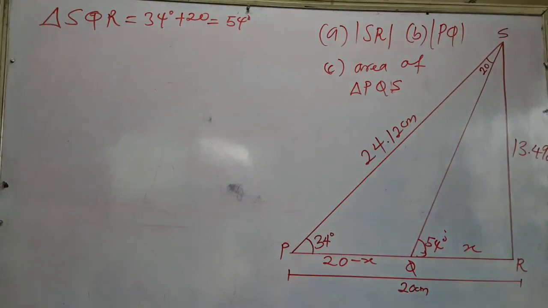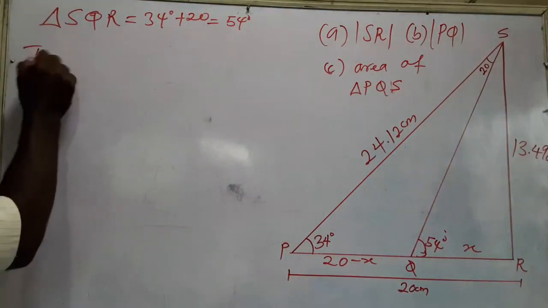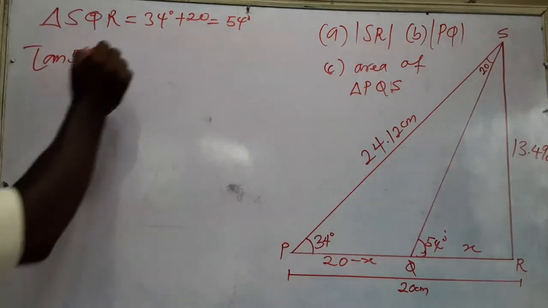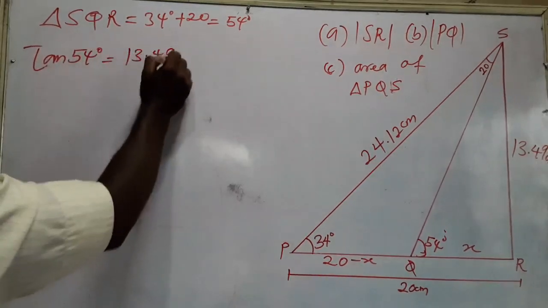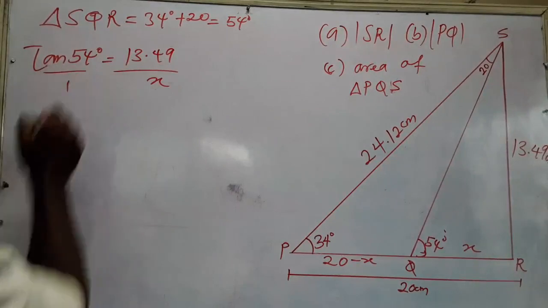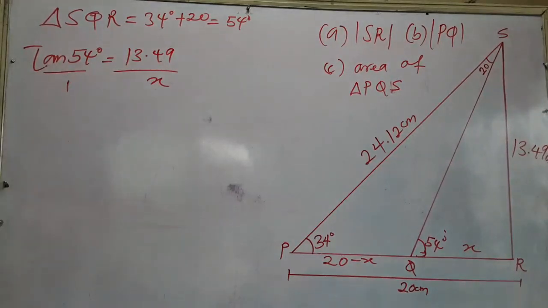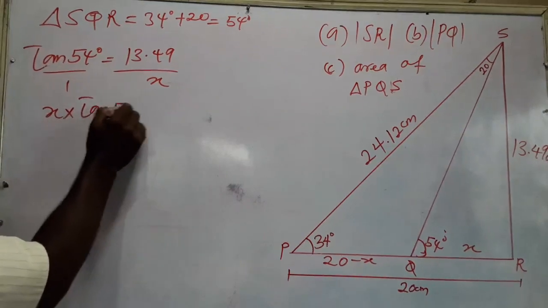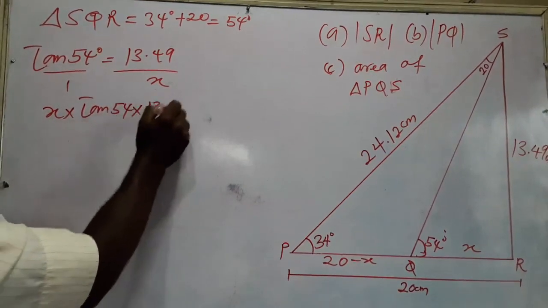So how do you calculate X? To calculate X, you say tan 54 degrees is equal to 13.49 over X, so this is over 1. Let's cross multiply. In cross multiplying, we have X times tan 54 equals 13.49.